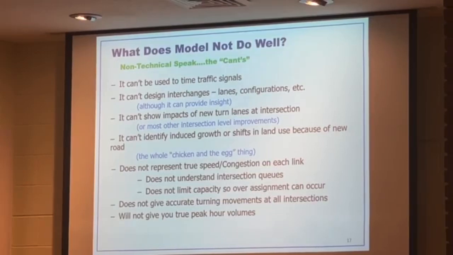But it has some limitations. For example, it is not a good tool for traffic signals. We have some other softwares that we use to adjust timing. It can't design interchanges. It can see the effect of interchanges, but it cannot help design the interchanges or changes in the lane configuration or turns.